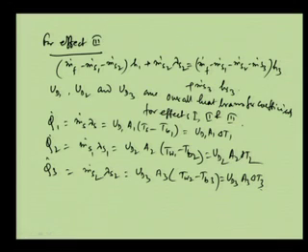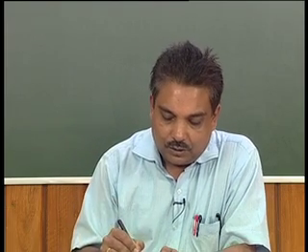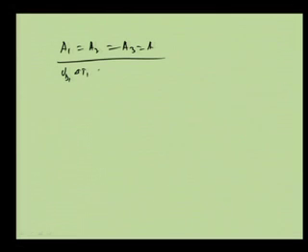The question is, in usual situation, as I told previously also, from a design point of view it is tried to have A1 equal to A2 equal to A3 equal to A. Similar areas are tried, and under that situation UD1 delta T1 will be equal to UD2 delta T2 equal to UD3 delta T3.